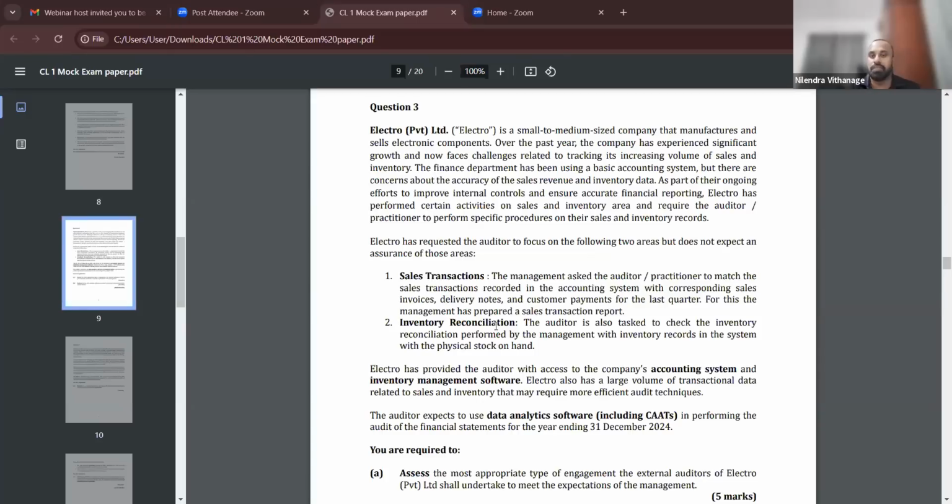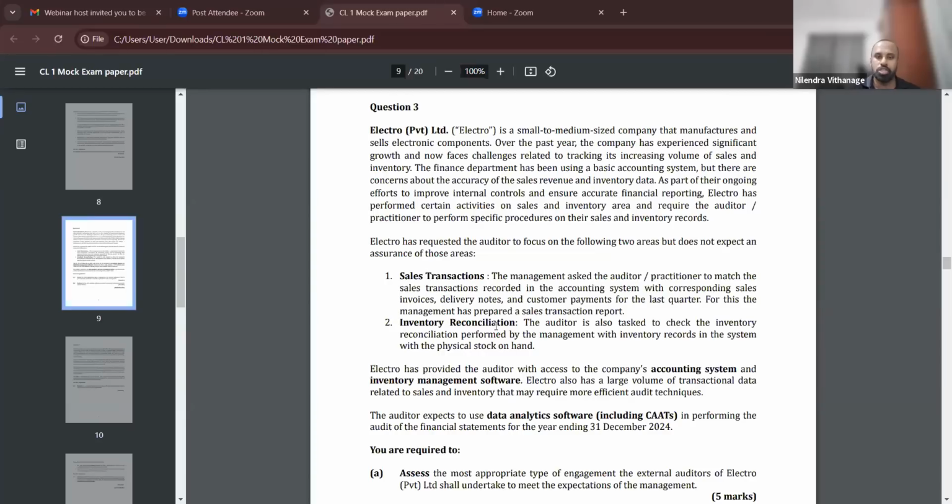Inventory reconciliation: the auditor is also tasked to check the inventory reconciliation performed by the management. Electro has provided the auditor with access to the company's accounting system and inventory management software. Electro has large volumes of transaction data related to sales and inventory.